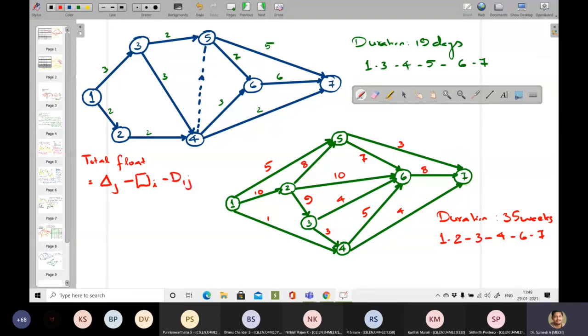That is total float. Next is free float. Free float equals rectangle J minus rectangle I minus dij.